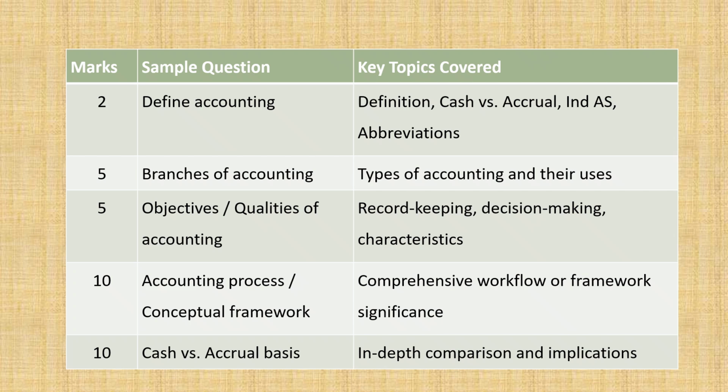Objectives, qualities of accounting are covered from record keeping, decision making, characteristics. Accounting process, conceptual framework, which is for 10 marks, covered from comprehensive workflow or framework significance. Cash versus accrual, covered from in-depth comparison and implications.